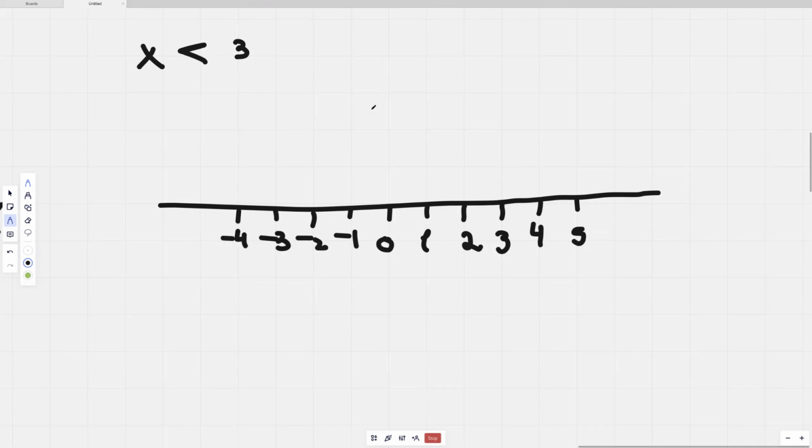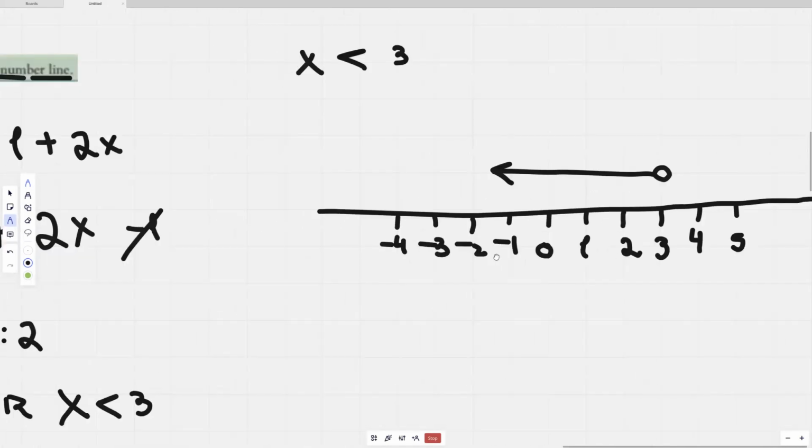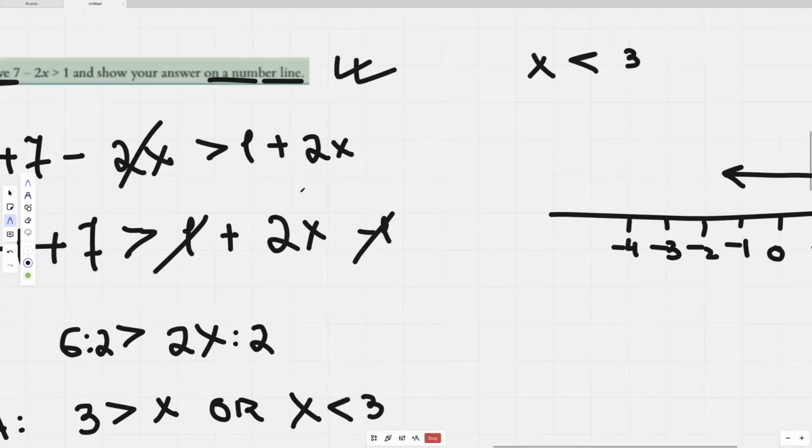So our point is saying it's less than 3, and we are not including 3, which means we have to put a point itself without coloring it like this. And the less than 3 means this left side, and then you have to put the left side arrow. So that's it. This is showing on a number line. This will be the end of this problem.